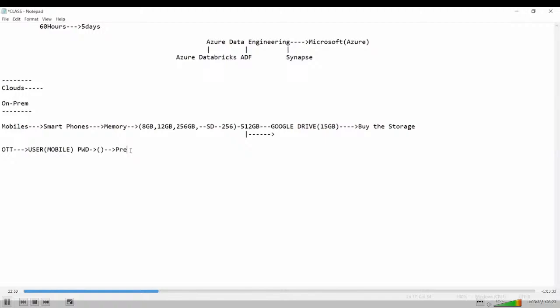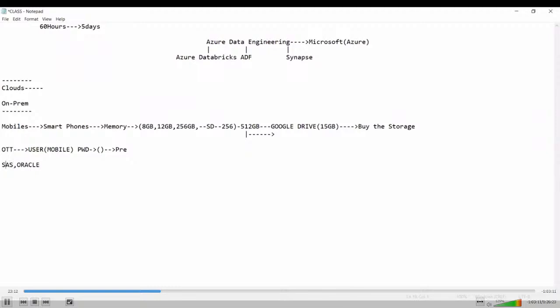Am I right, guys? So in the same way here also, if you require a latest software, suppose you require a software called SAS, or a software called Oracle. Here you need not buy the license of Oracle. Here you need not buy the license of SAS.